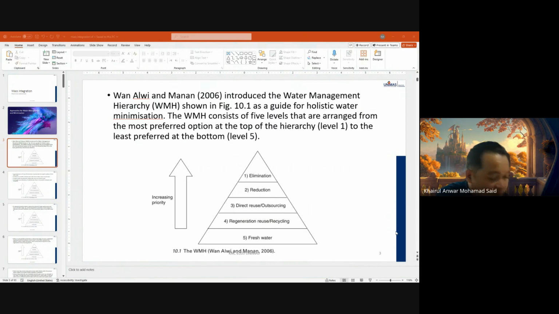We want to reduce as much as possible or not use any fresh water. Just change it to something else, but sometimes it's not possible.